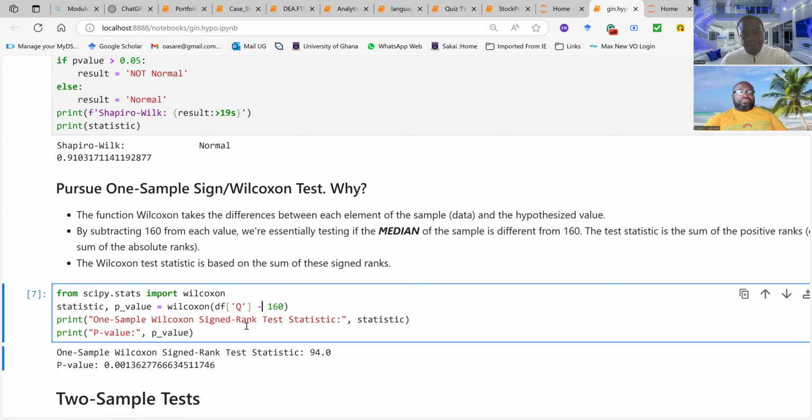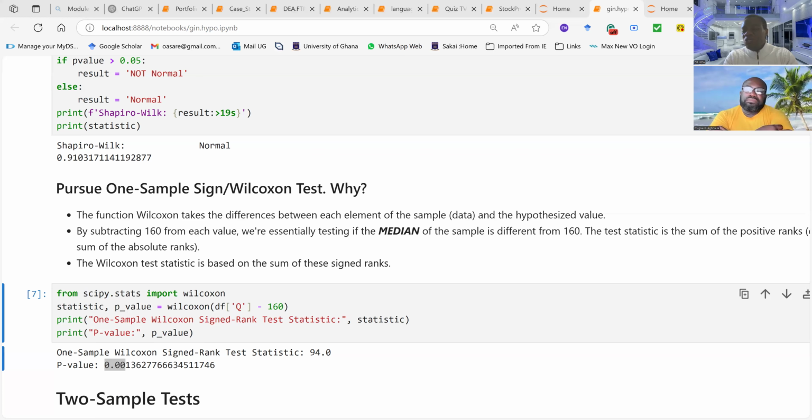So anytime you are doing a one sample test, the first sensible thing to do is to check for normality. Check whether the data is normally distributed. And if it is, then you can use the t-test.